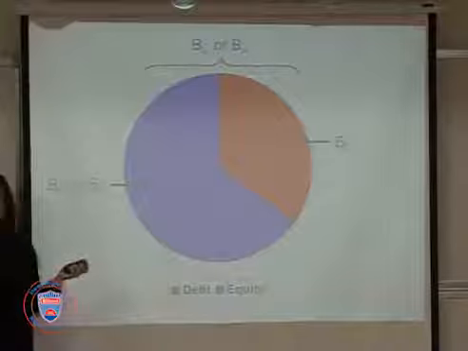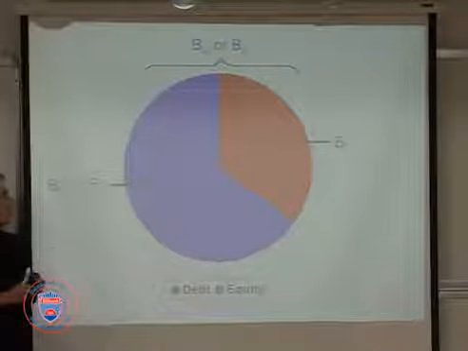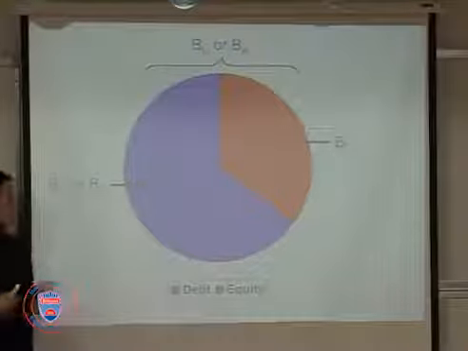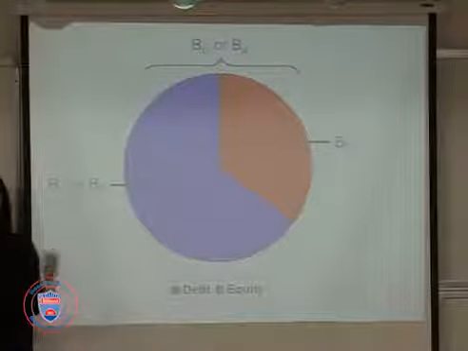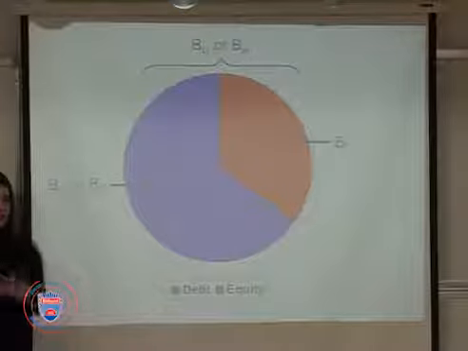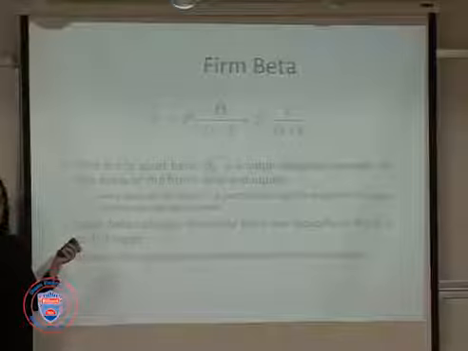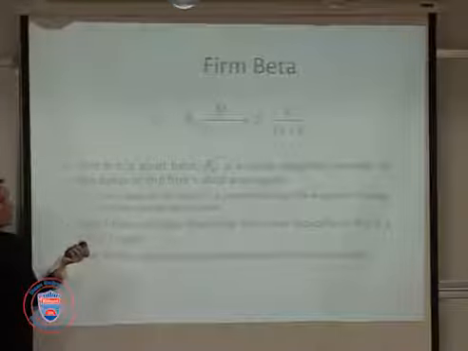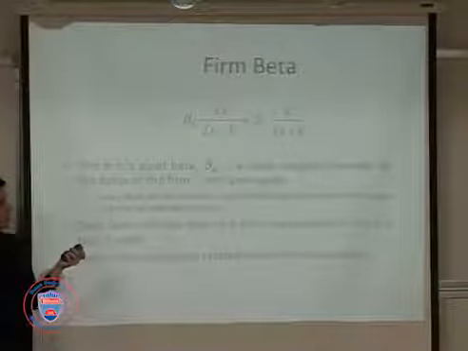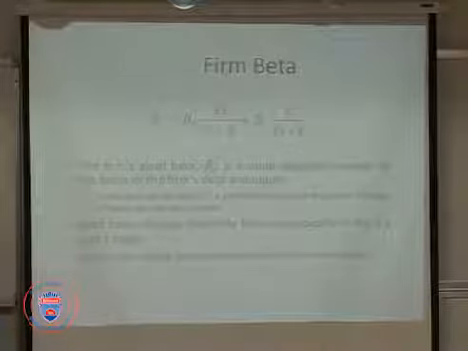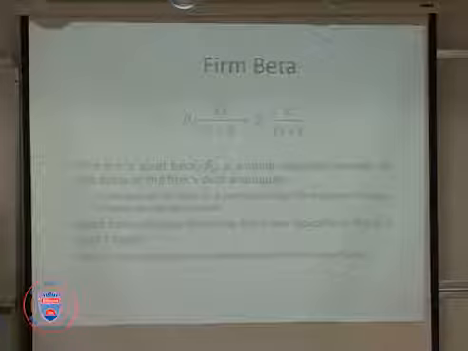Debt beta is generally assumed to be 0. But together, they're going to form asset beta. And the way you write asset beta is similar to the weighted average cost of capital. So it's basically the weight of debt times beta of debt plus weight of equity times beta of equity. Together, they're going to show you the asset beta.